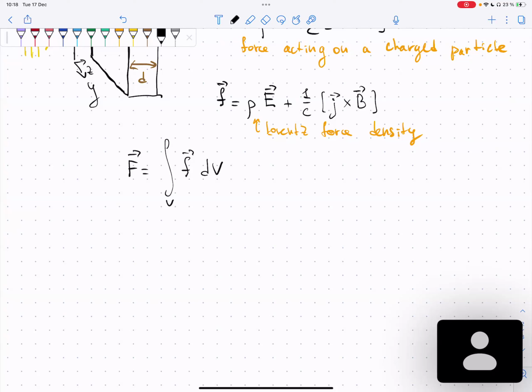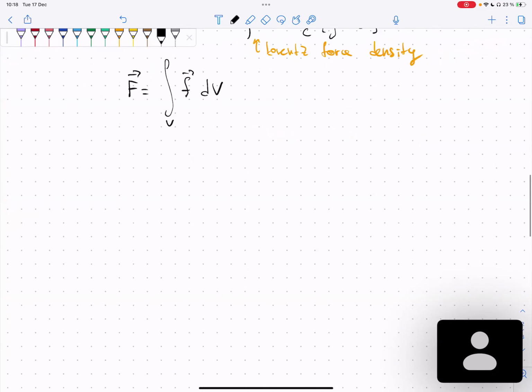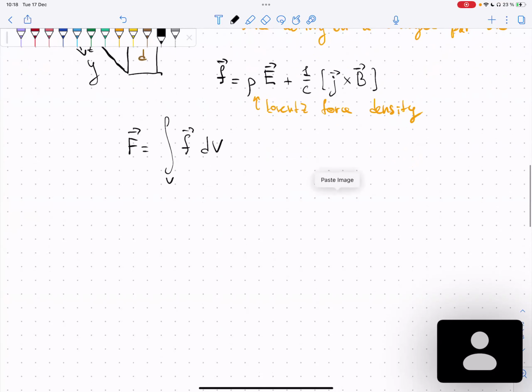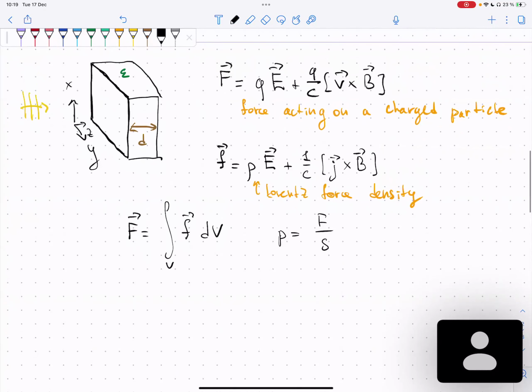After this we can calculate the optical pressure. We can calculate an optical pressure just as force divided by the area. Actually, I think let me do the following geometry.